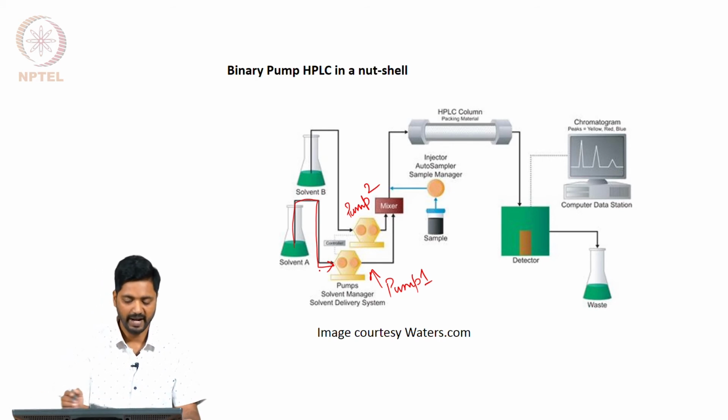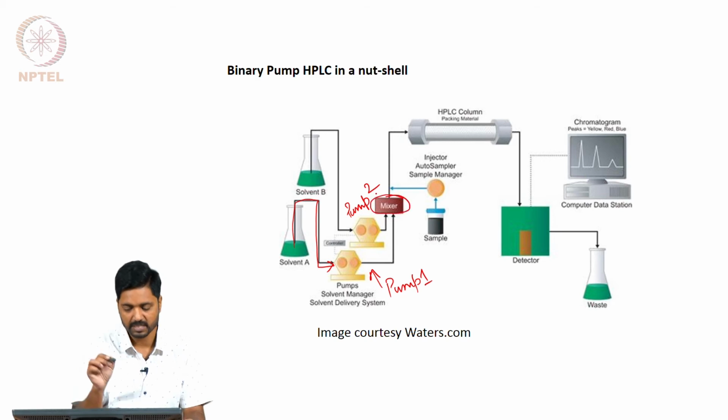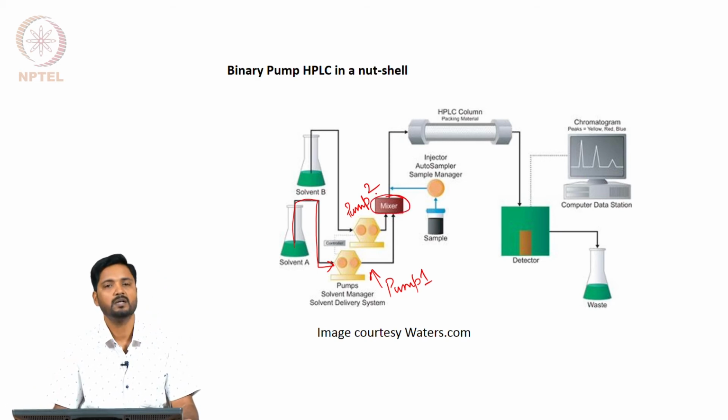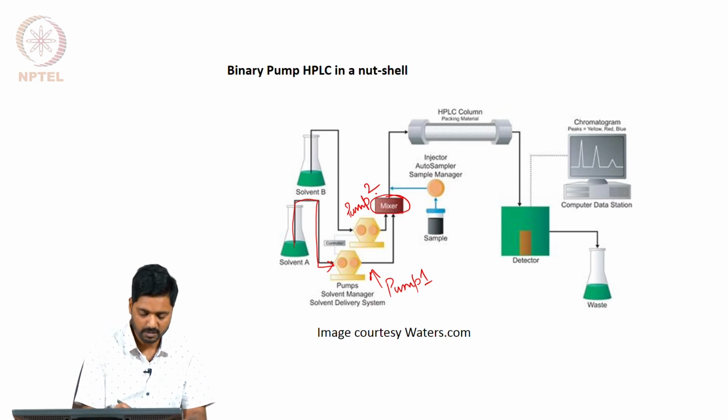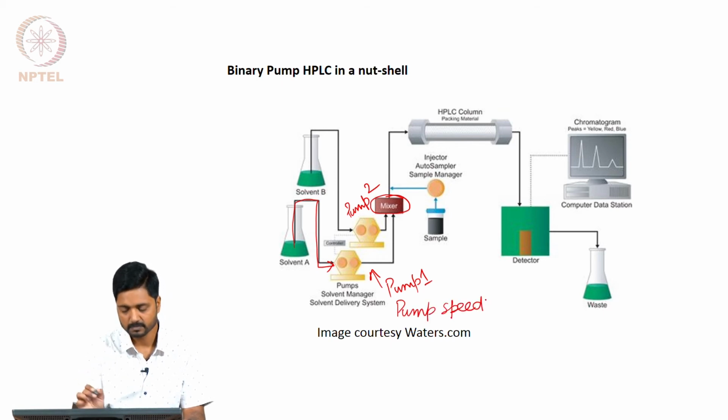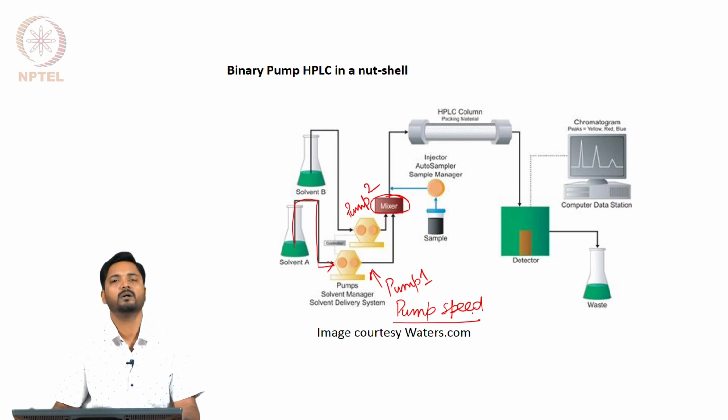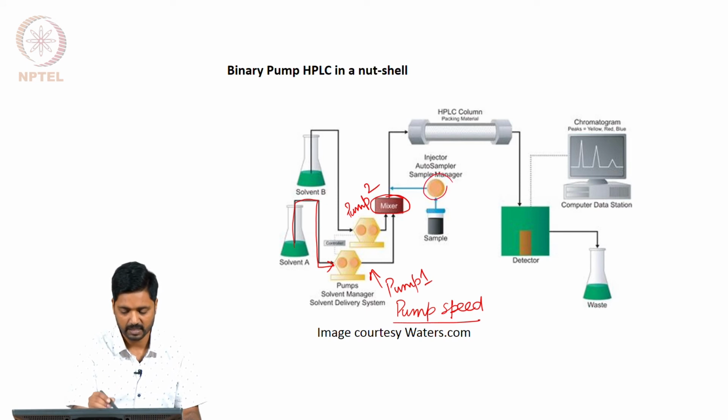HPLC column. So, we have a mixing chamber which is indicated here, where the solvent A and the solvent B will mix before they are injected into the chromatographic column, and as already mentioned, we control the pump speed to control the volume fraction of the solvent into the mixture, and the sample is injected using either an auto sampler or a sample manager after the mixing of the two solvents.